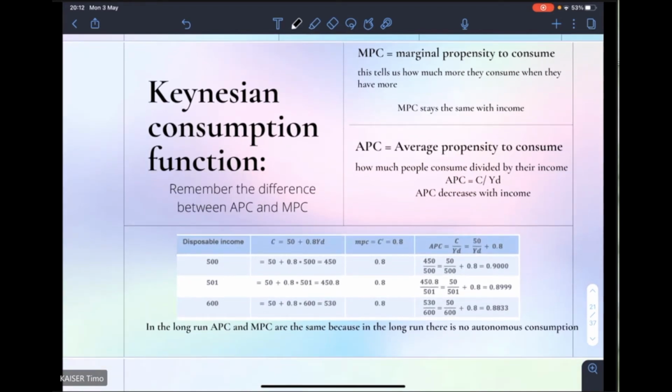It's very important that you never mix up marginal propensity to consume with average propensity to consume. Average, as you can see from this small graph, will be the average of the overall YD. So you take the consumption divided by YD. However, marginal propensity to consume would be the derivative of the consumption function.